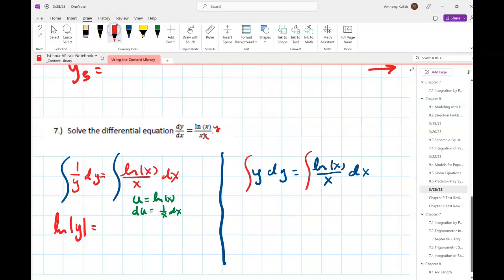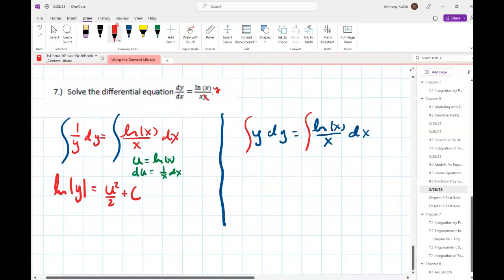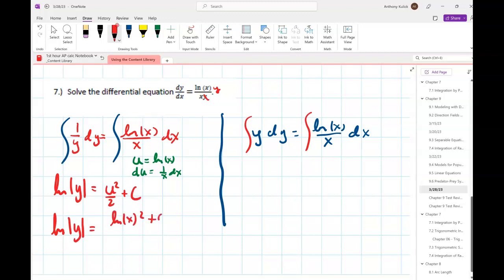So that just turns into u squared over 2 plus c. And when I plug that u back in, that's the natural log of x squared over 2 plus c. Does that feel okay, Mackenzie? Okay.